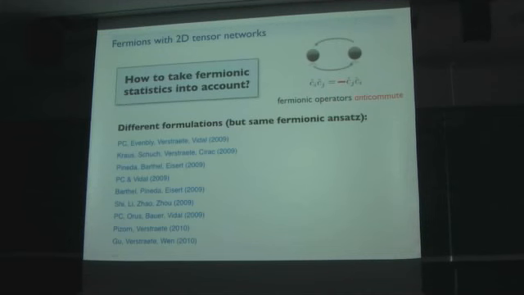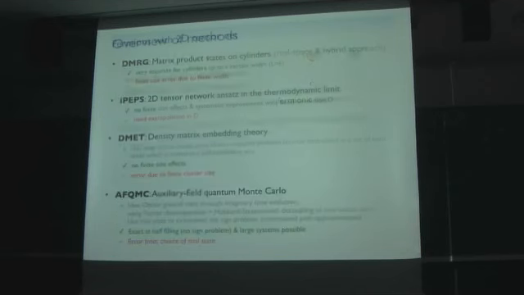I will not go into the details. In the end, it's, let's say, a matter of bookkeeping of these minus signs here. And there exist different formulations, but at the end of the day, these formulations all describe the same fermionic tensor network ansatz. So also here, if anyone is interested, I can also explain more later. Okay, so this was about iPEPS.